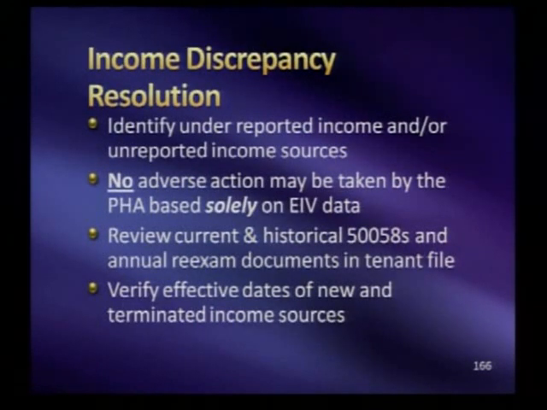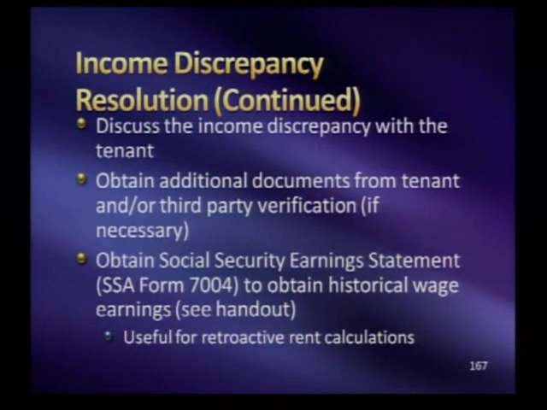Your income discrepancy resolution process is nothing more than discussing this discrepancy with the tenant, providing an opportunity for them to obtain documentation to present to you to validate their dispute or to solidify that, in fact, they did not report income. And so, again, you'll want to verify the effective dates of that unreported income to determine whether or not there's going to be an issue.